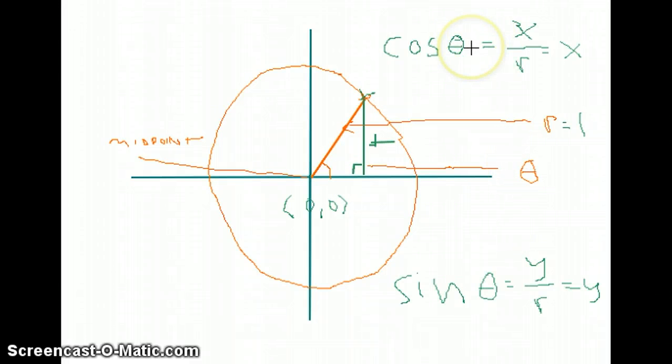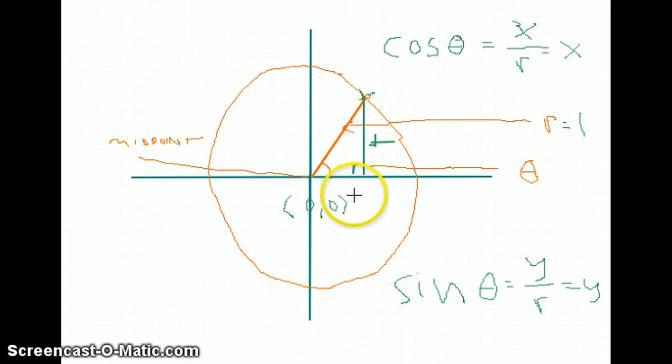So naturally cosine is the adjacent leg in relation to the hypotenuse. So we get the x coordinate with cosine. And with the sine function we get the y coordinate.